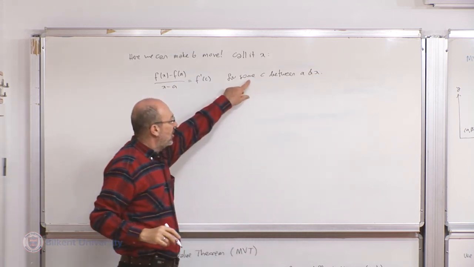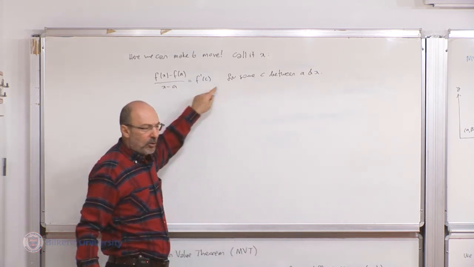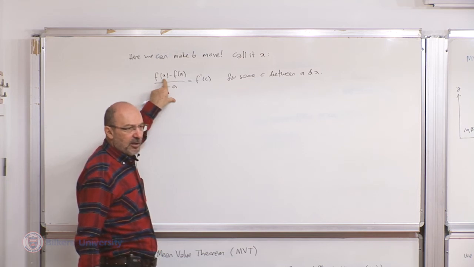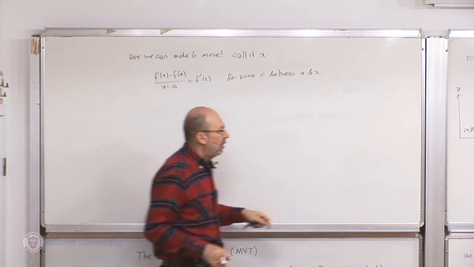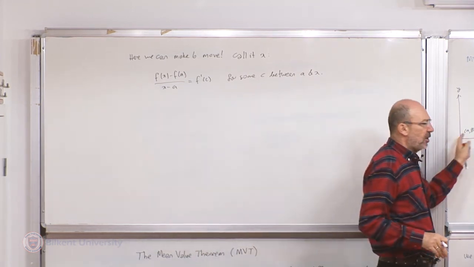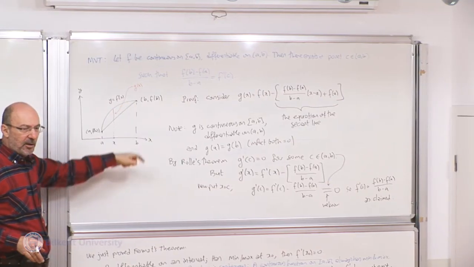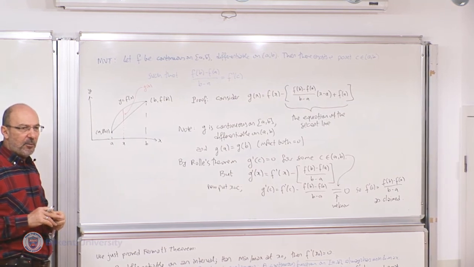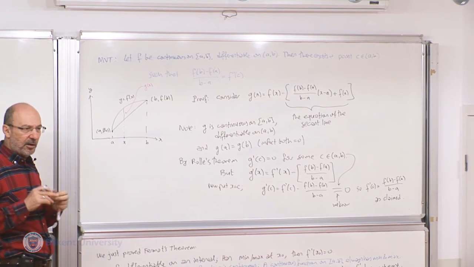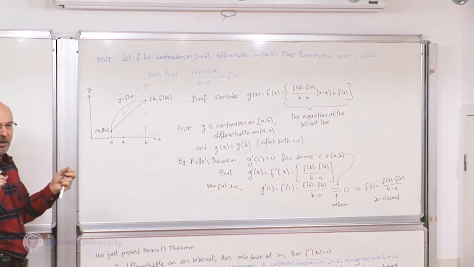Okay, so this is traditionally how we write it, because now when I start changing x, I'm not claiming that x is going to be larger than b. B can be on this side, because you check that in the proof we didn't use anywhere that a is less than b. We just used that a and b are different, and c is between a and b.